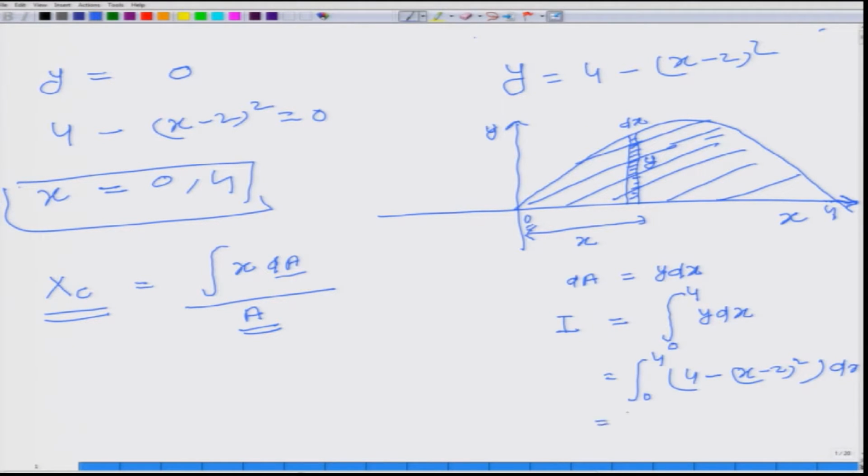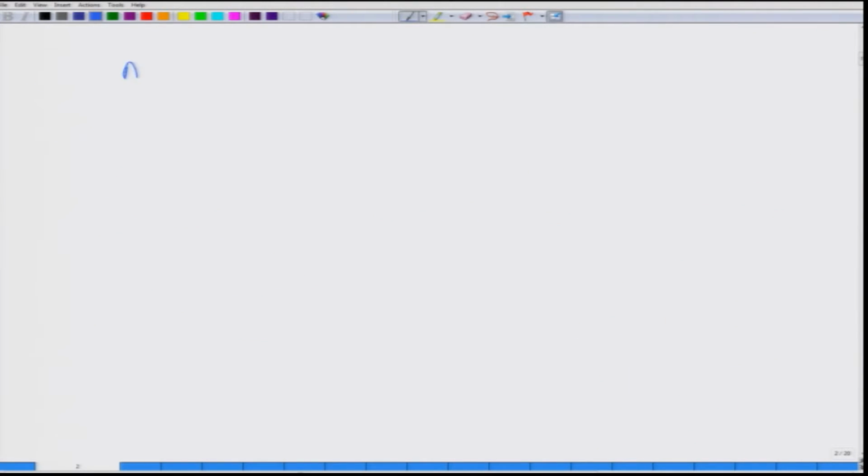This gives the integral from 0 to 4 of (4 minus x square plus 4x minus 4) dx. So, we get the integral from 0 to 4 of (4x minus x square) dx. So, we have A equal to the integral from 0 to 4 of (4x minus x square) dx.